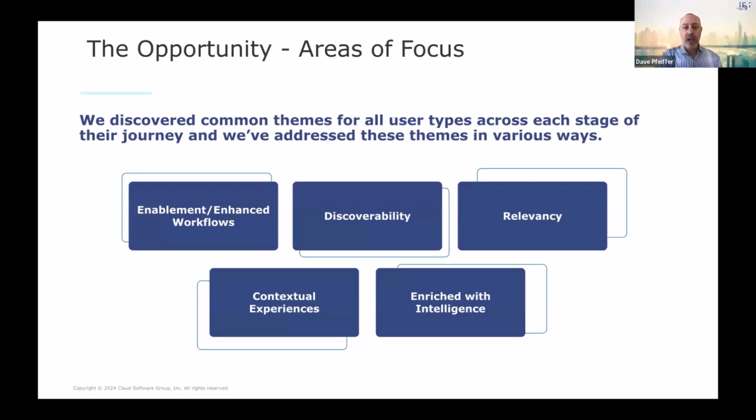These were the most common things that we derived from the research. People were looking for better enablement and enhanced workflows. They were looking for easy ways to access their assets, to discover new assets, to discover things that others are working on in their organization.